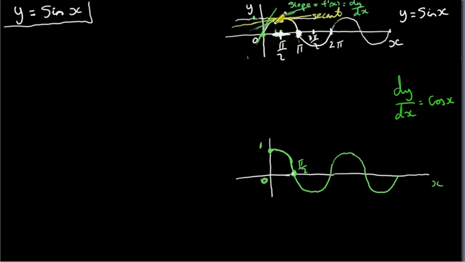What's happening then is, as x increases from pi over 2 to pi, the slopes of the tangents become negative. See, if we take a value of x here, then the derivative is negative. The slope of that tangent is negative. And that's what's happening here. The cos function becomes negative as x increases from pi over 2 to pi.